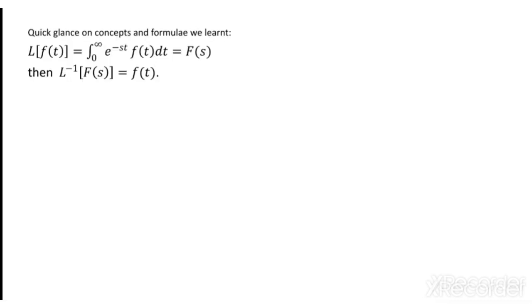Altogether we had inverse Laplace transform for some standard formats, and we have condensed the rules. For e power at f of t, we have applied it in the form of f of s minus a, L inverse, which gives e power at into L inverse of f of s. For t f of t, we have taken special expressions like logarithmic and inverse trigonometric functions, where we can get L inverse of f of s by just differentiating once and applying L inverse.